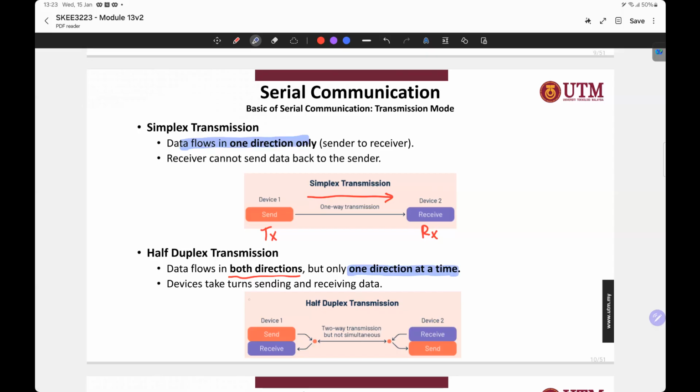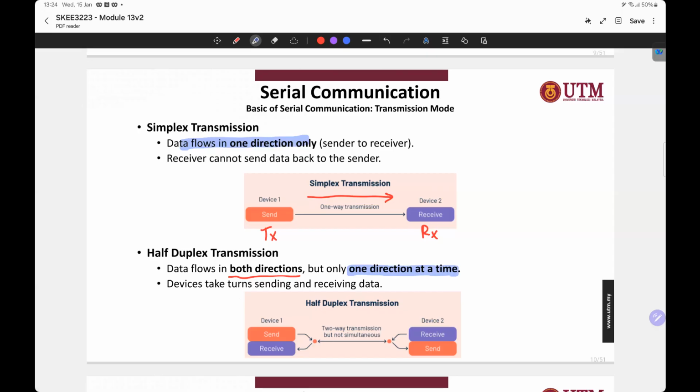An example of half duplex transmission is a walkie-talkie. When you use walkie-talkies, you have two of them. One you give to your friend, and one you use yourself. When you talk to your friend, your friend can only hear what you are trying to say.